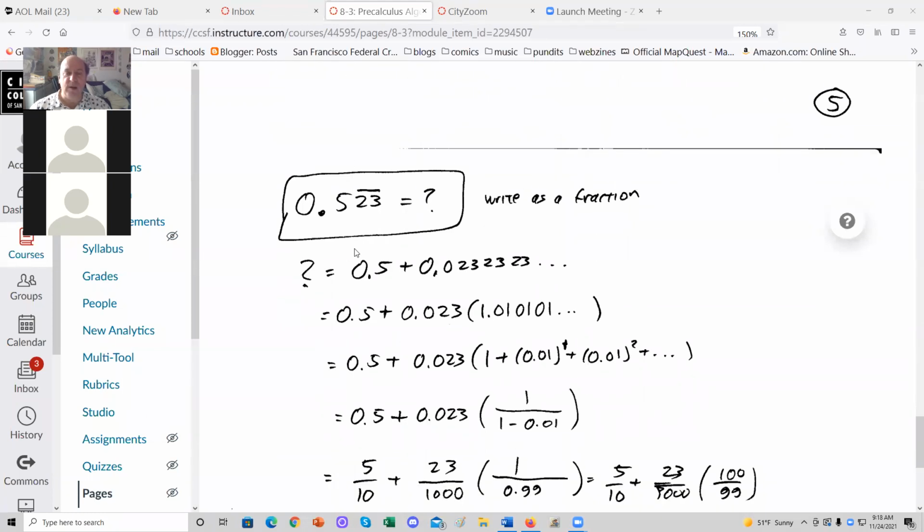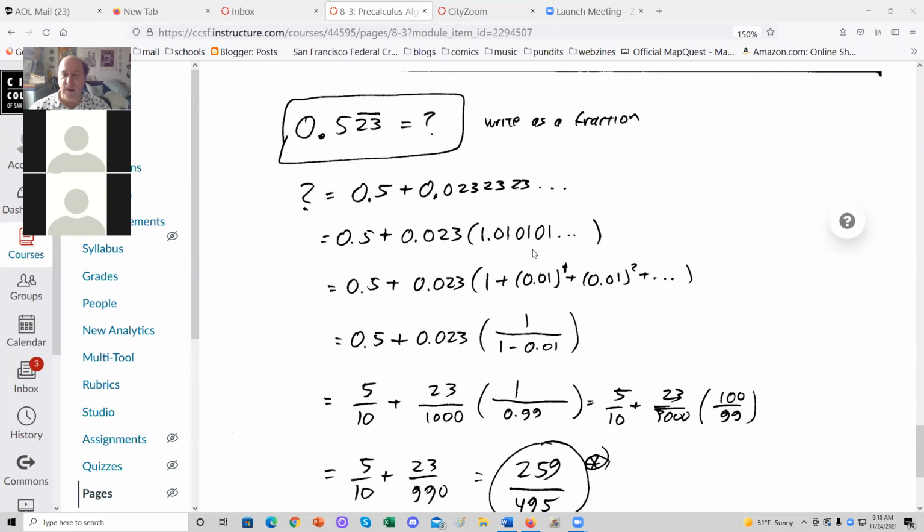First, we break it into the non-repeating part, 0.5, and the repeating part, 0.0232323, etc. Okay, 0.5 we will just keep, it's 5/10. 0.0232323 is 0.023 times 1, 0.01, 0.01, 0.01. This 0.01 basically shifts this thing over 2 places. We do so repeatedly.